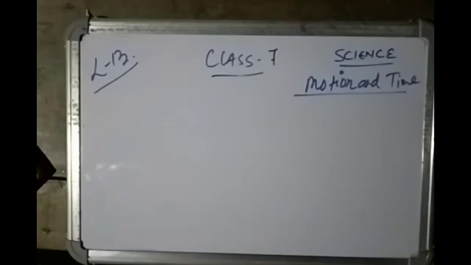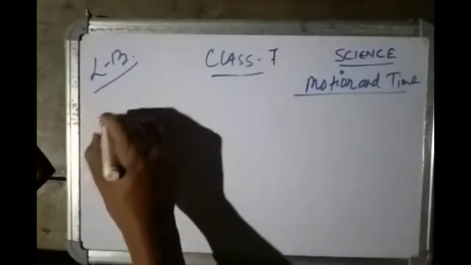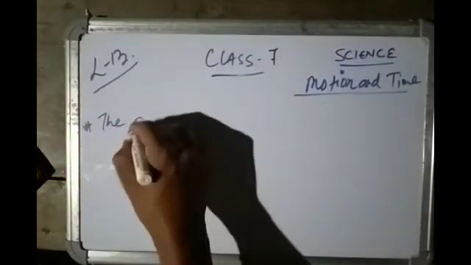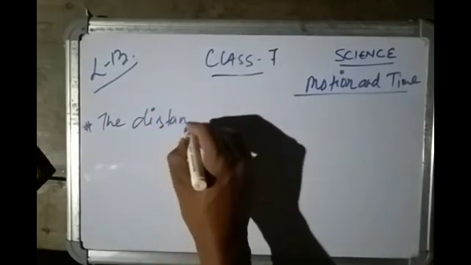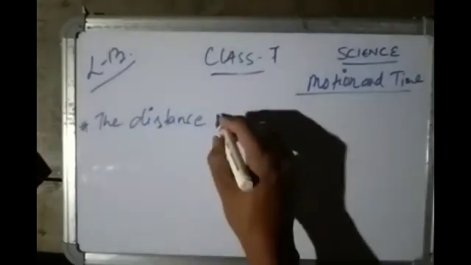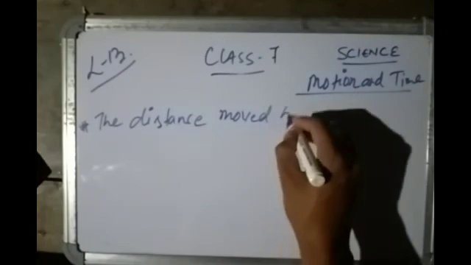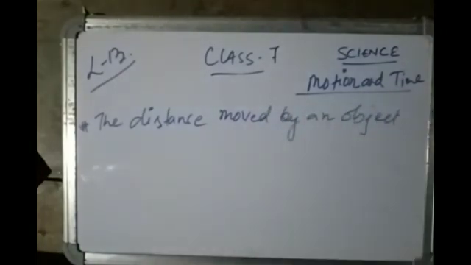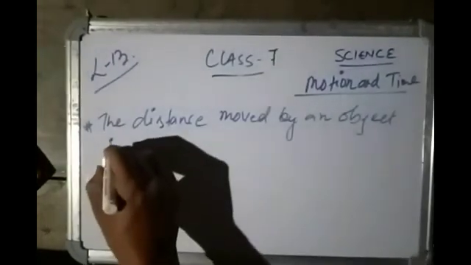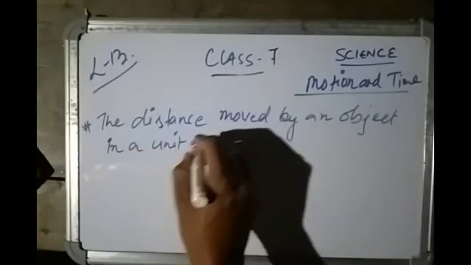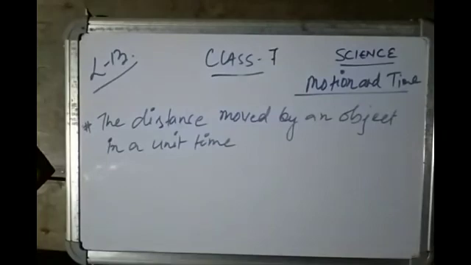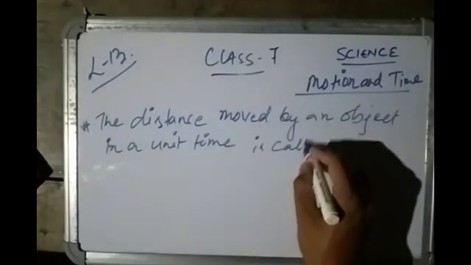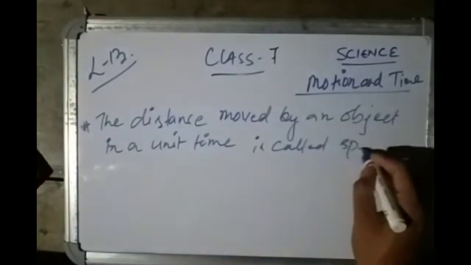So far we have discussed that the distance moved by an object in a unit time is called speed.